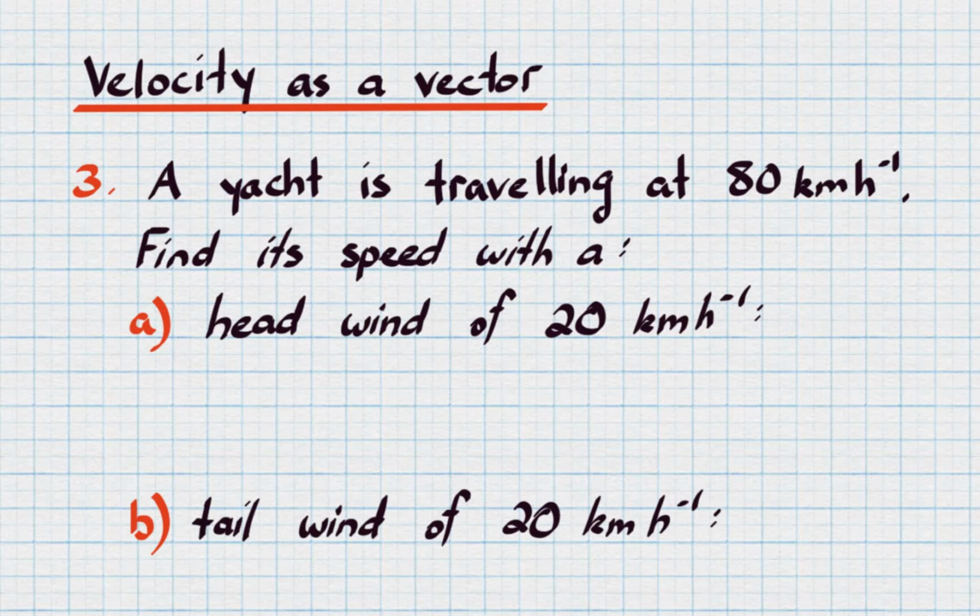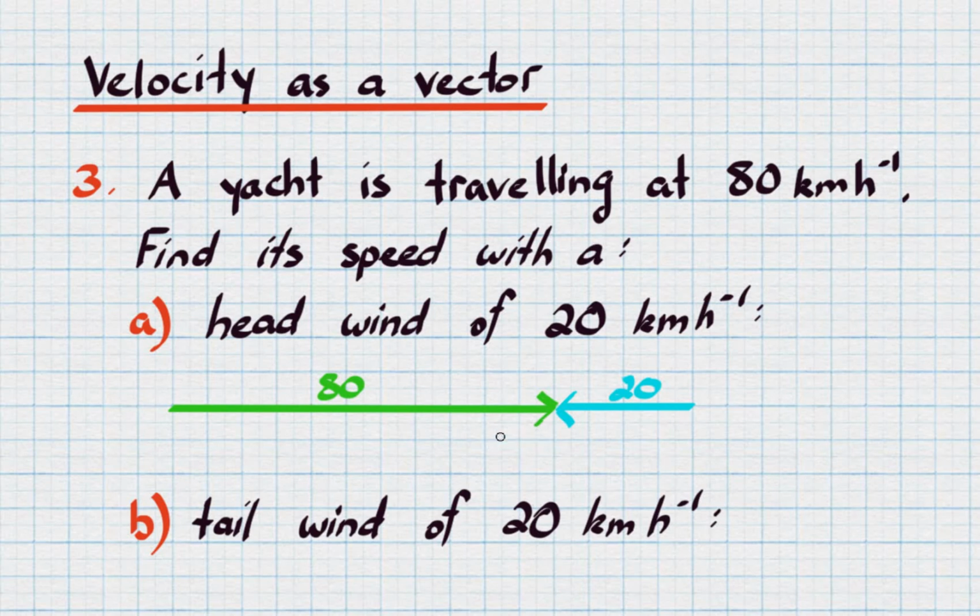So you probably already know what this is straight away, but thinking of it in terms of vectors, let's say we have our yacht vector here, and direction's not so important because we know that the headwind means that the wind vector is acting in exactly the opposite direction to whatever the direction of the yacht is. So if we want to be technical, we would say that these are unlike parallel vectors.